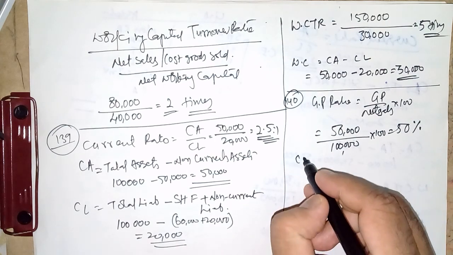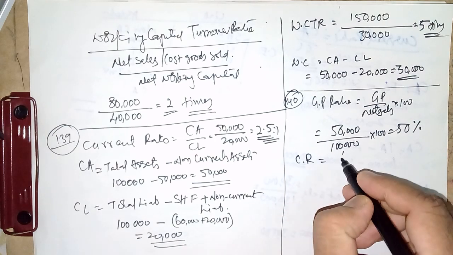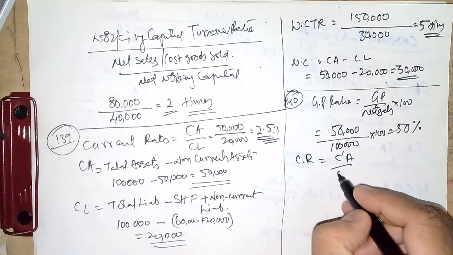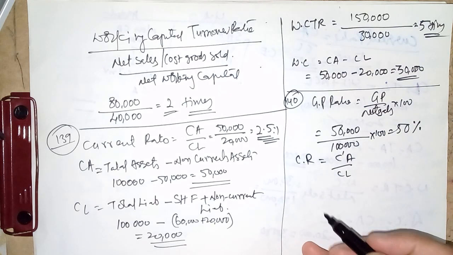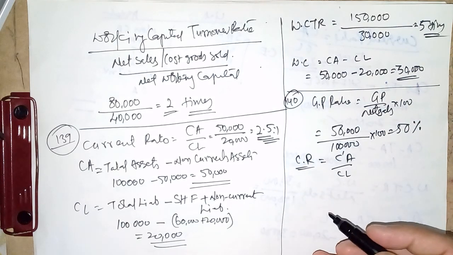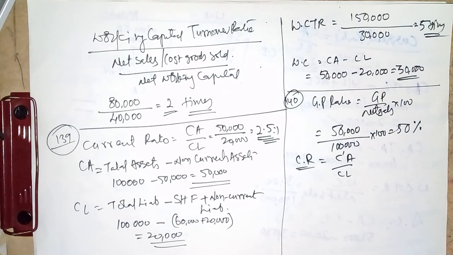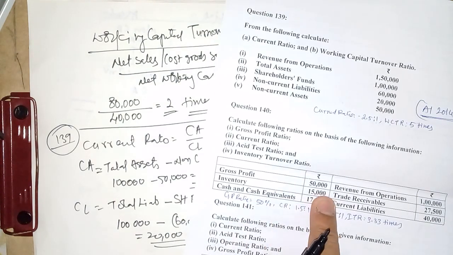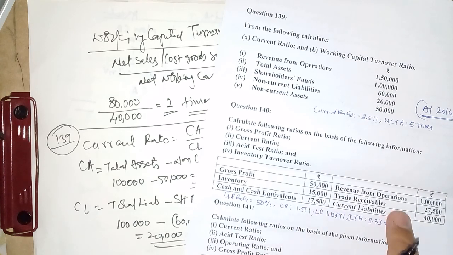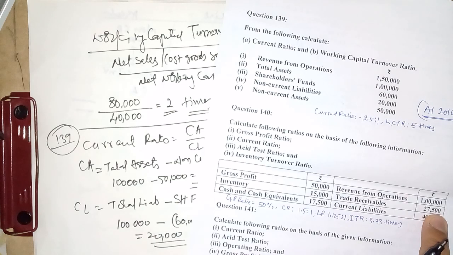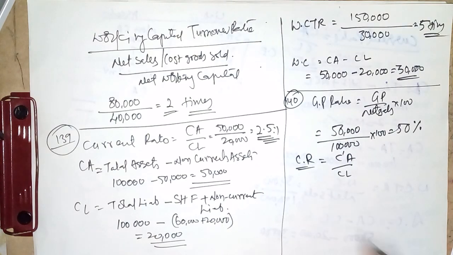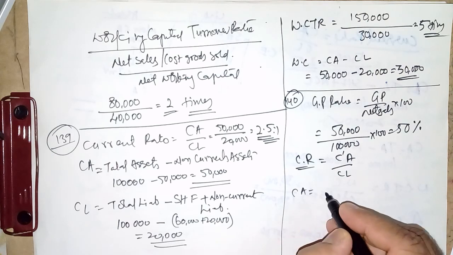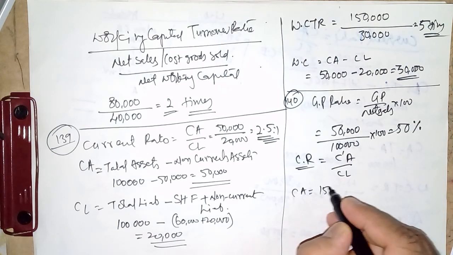Then is the current ratio, CR, that is equal to CA by CL. So how to calculate the current ratio? CA by CL. In this question, current assets comprise inventory, cash and cash equivalents, and trade receivables. Then current liabilities would be 40,000. Therefore, CA is equal to inventory 15,000.